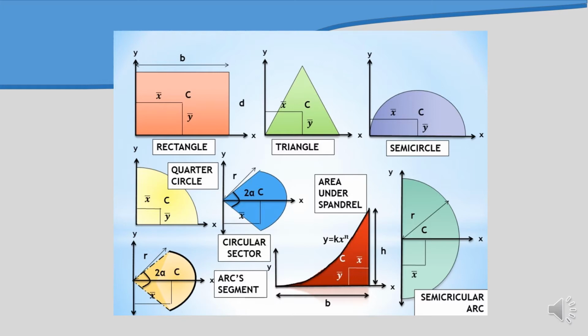We will use these formulas for common shapes. For an irregular shape, it will be very difficult to use this formula, so we need an additional calculation step or method to determine the centroid.